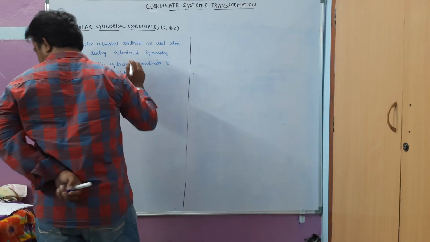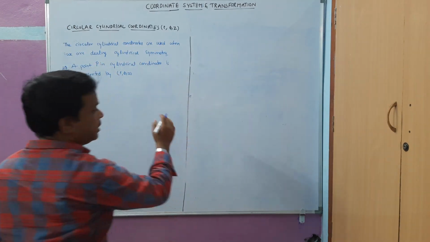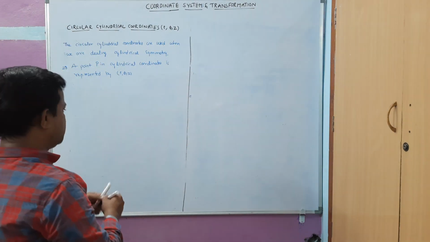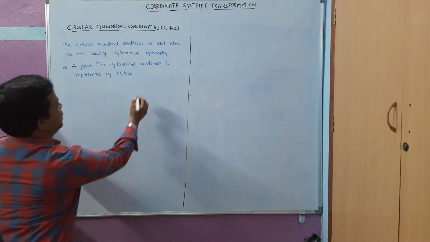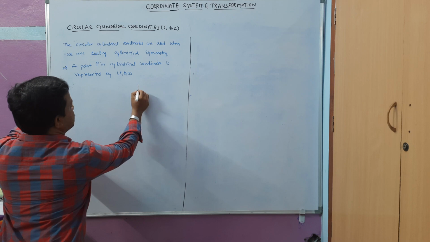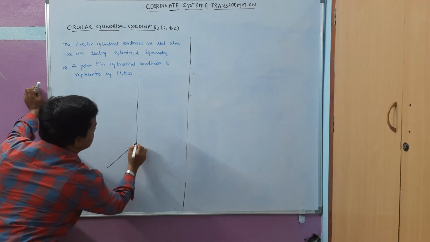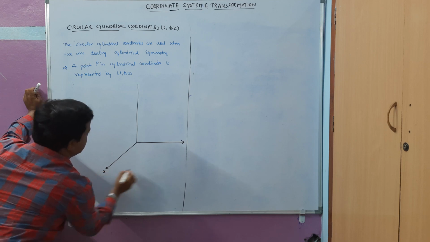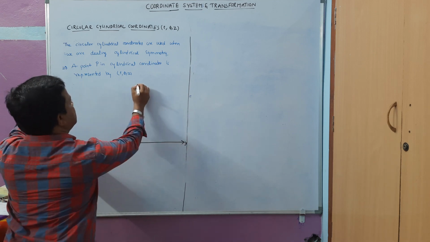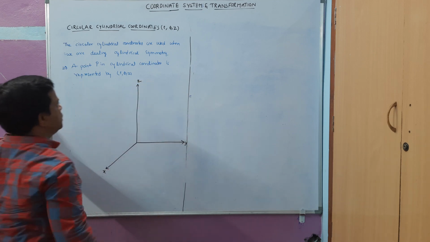Now we have to see this in the form of a diagram, as we saw the diagram for the Cartesian. Similarly, we will see the diagram of these circular cylindrical coordinates. Let me draw here: this is the x axis, y axis and this is the z axis.